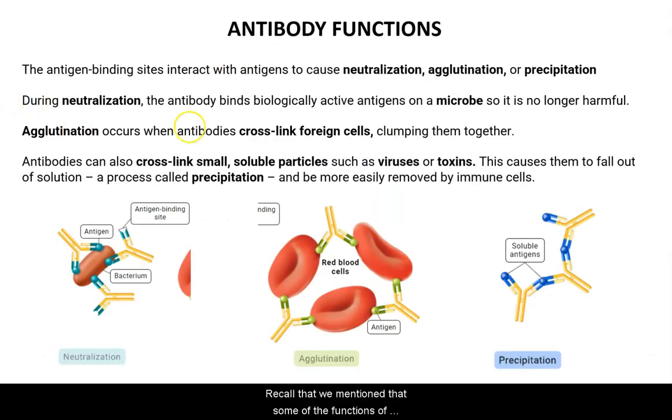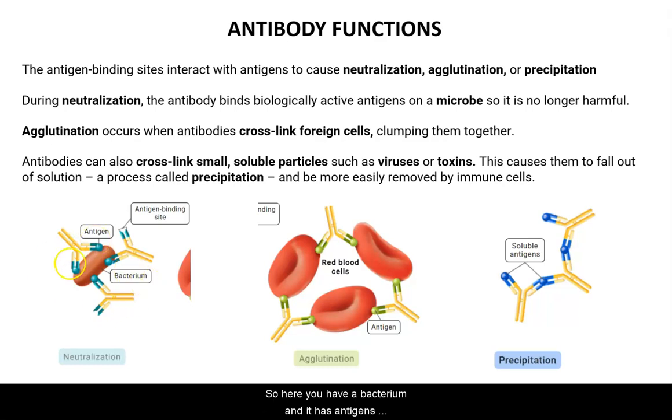Okay, recall that we mentioned that some of the functions of antibodies are going to be neutralization, agglutination, or precipitation. Now, during neutralization, the antibody is going to bind an antigen that's actually on the microbe.